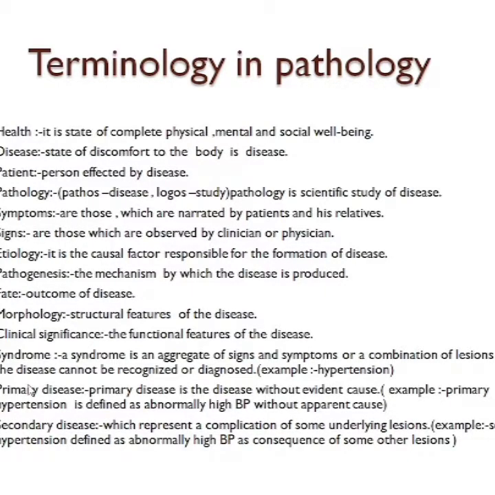Now, what about secondary disease? Secondary disease represents a complication of some underlying lesions. For example, secondary hypertension is defined as abnormally high BP as a consequence of some other lesions. This is about the terminology in pathology.